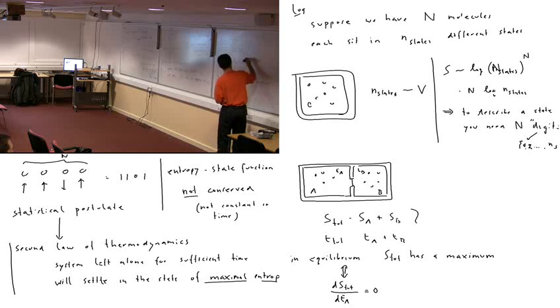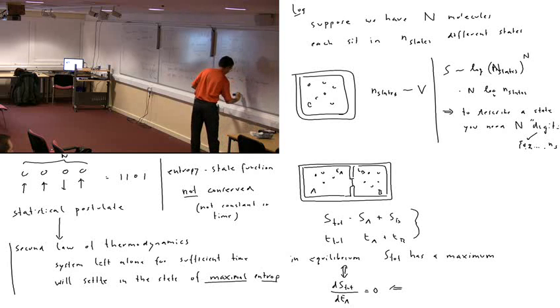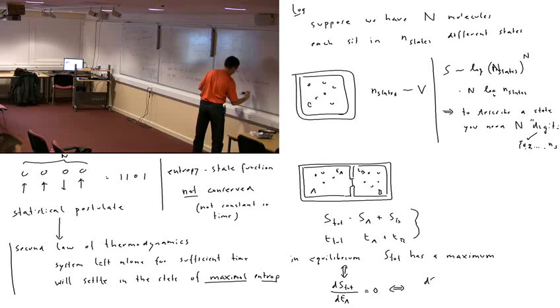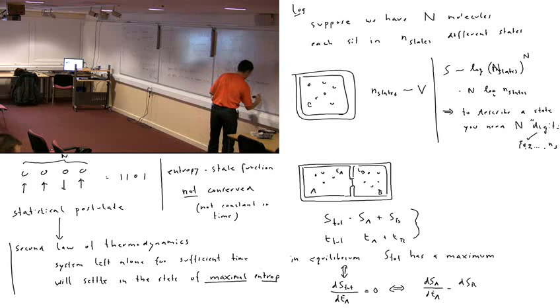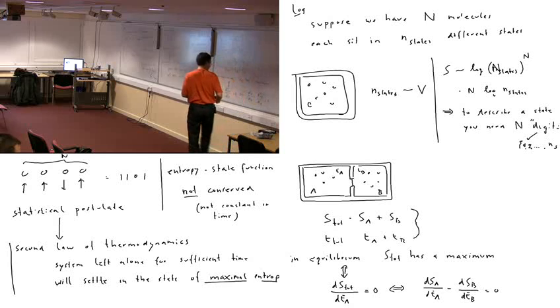Now, using these relations, it's easy to verify that this is equivalent to saying that dSA by dEA minus dSB by dEB equals 0 in equilibrium.